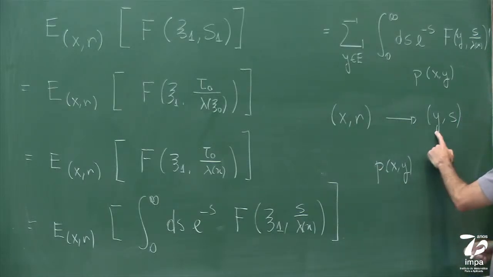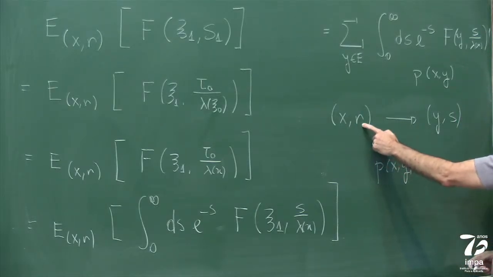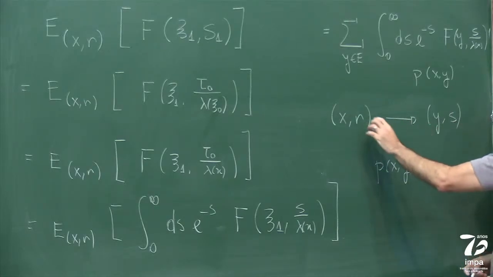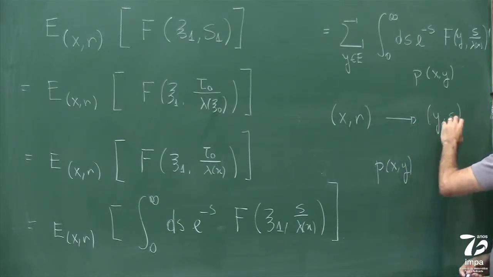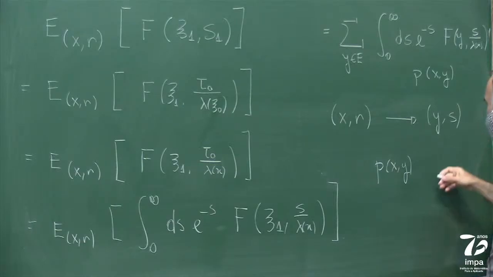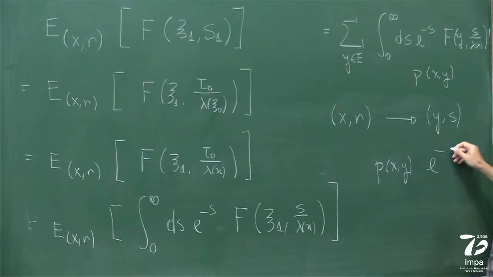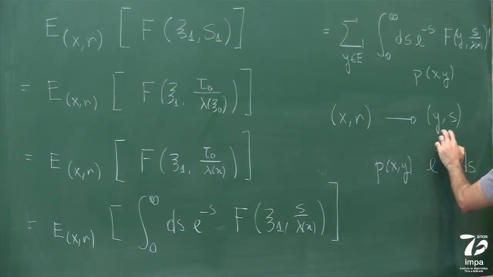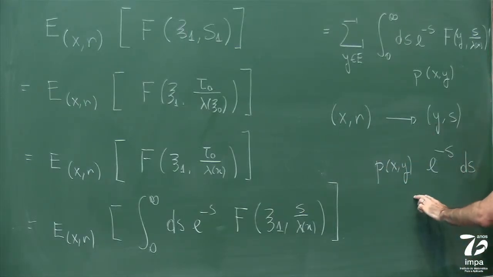You jump from x to y with this probability, and then you jump from r to s. Well, this probability does not depend on the starting point, and you jump to s with a probability which is e to the minus s ds. So you go from x r to y s with this probability.